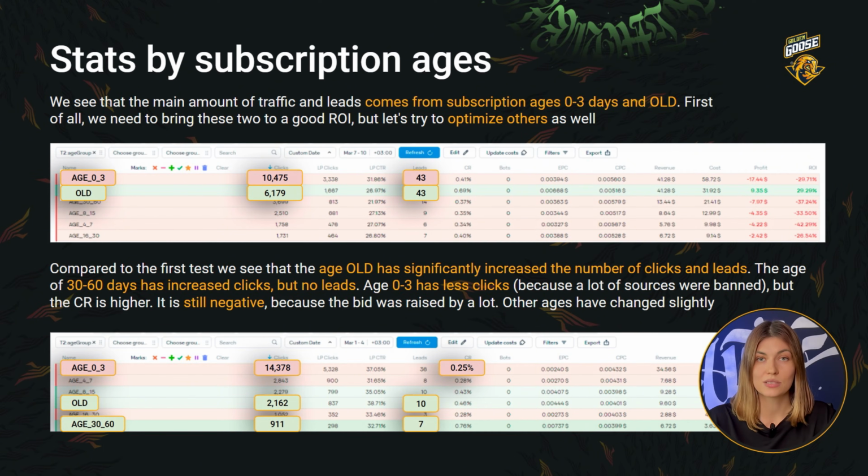Compared to the first test, we see that the age old has significantly increased the number of clicks and leads. The age of 30 to 60 days has increased clicks, but no leads. Age 3 has fewer clicks because a lot of sources were banned, but the CR is higher. It's still negative because the bid was raised by a lot. Other ages have changed slightly.